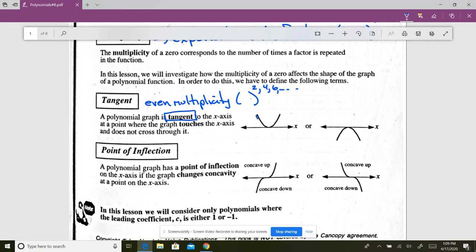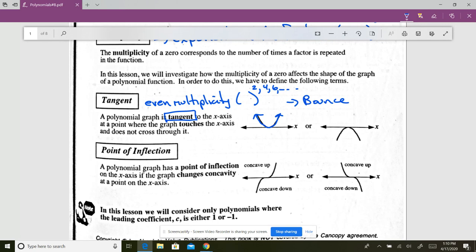What happens is the graph comes down and it bounces. Now the reasons for that, we're not going to go into here. All you need to know is that it will hit the graph and bounce off, okay? So even multiplicities give you a tangent or a bounce. I don't really care what you call it. Understand that it is called a tangent, but if you say bounce, I'm not too worried.